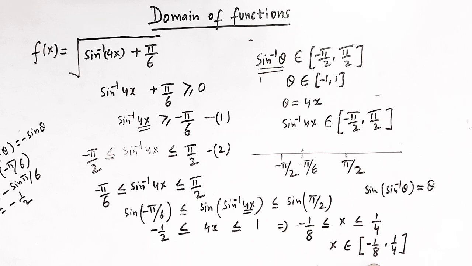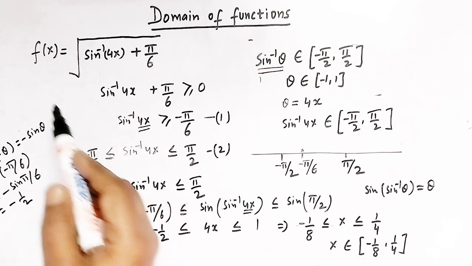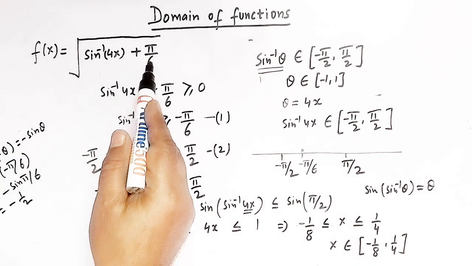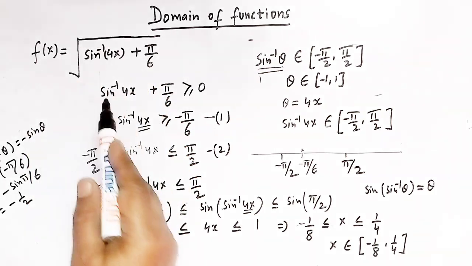And remember here this interval is closed at both ends, so minus 1 over 8 and 1 over 4, both the points are also included, right? So this is how we can find out the domain of functions of these types.